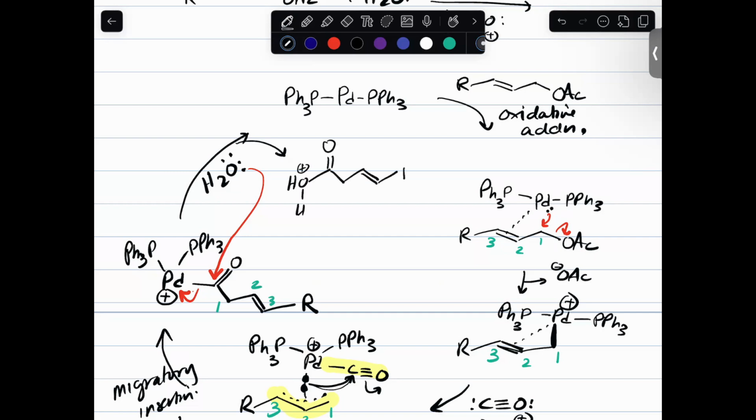Let me continue to number my carbons so that we can stay consistent. And finally, the leaving group that I made comes in and deprotonates to give me my carboxylic acid.